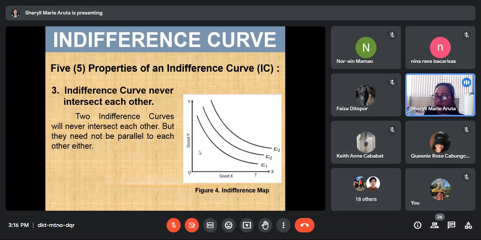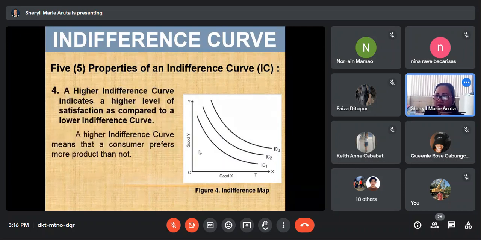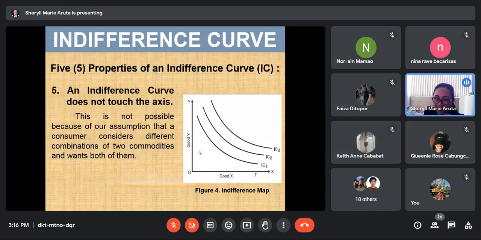The indifference curves 1, 2, and 3 never meet. Fourth, a higher indifference curve indicates a higher level of satisfaction as compared to a lower indifference curve. That was the analysis we did earlier that supports the fourth property. And lastly, an indifference curve does not touch the x-axis because of the substitution effect.